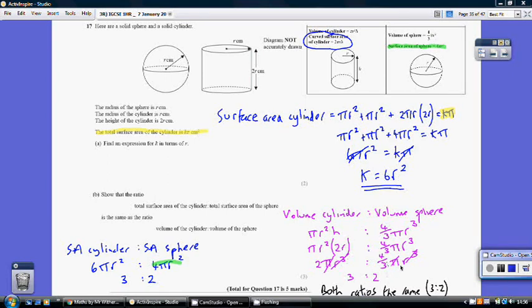So if we then divide through by pi and divide through by r cubed, we're left with the ratio of 2 to 4 over 3. Now multiply each of these by 1.5, we get the ratio of 3 to 2. So both our ratios are 3 to 2, so we've shown that both the ratios are the same.